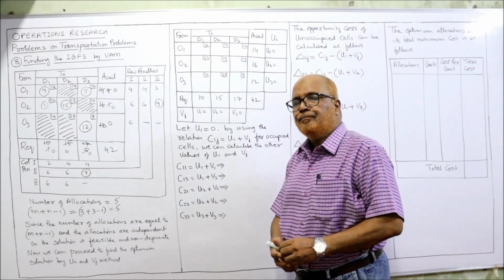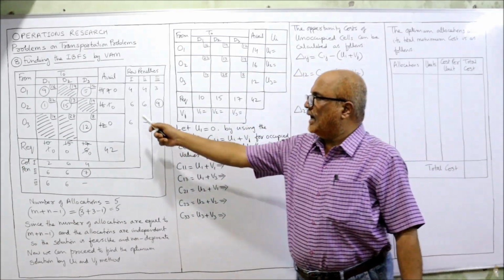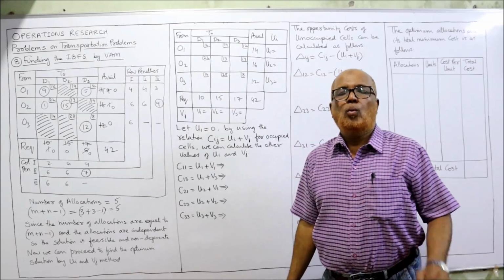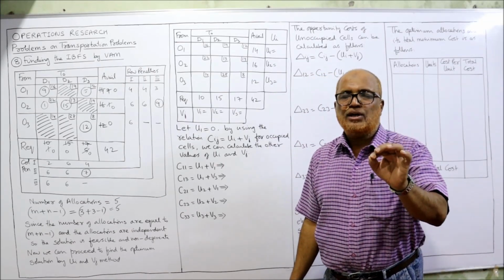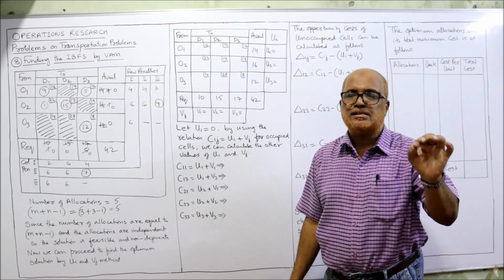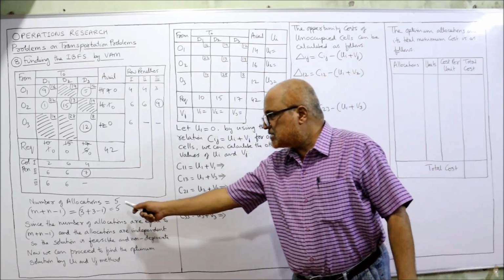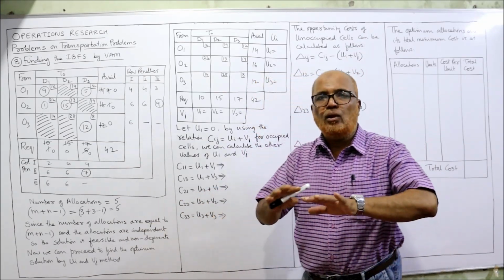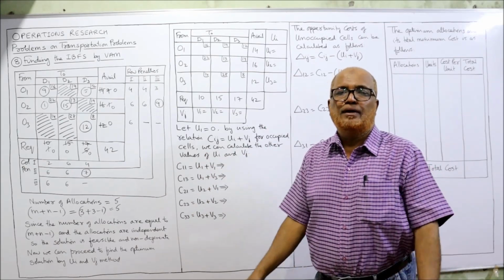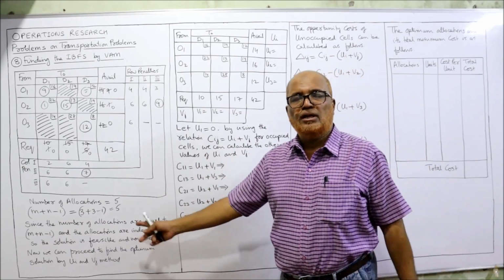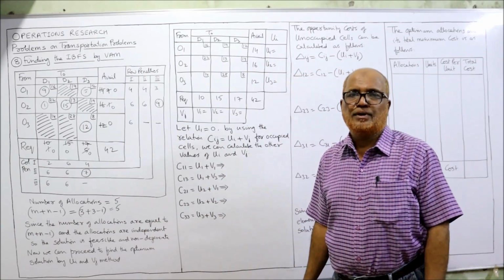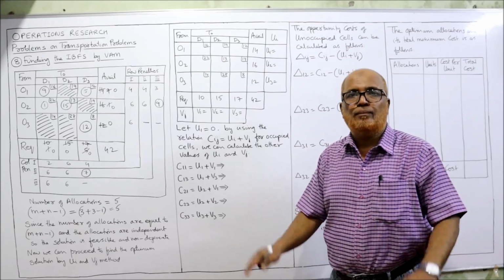Now what is happening? After completing the allocations, you must see whether the number of allocations are equal to m plus n minus 1. If it is equal and all the allocations are independent, then we can say the solution is non-degenerate. The solution is feasible.